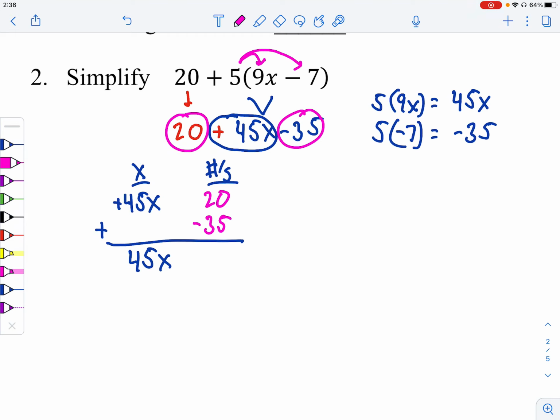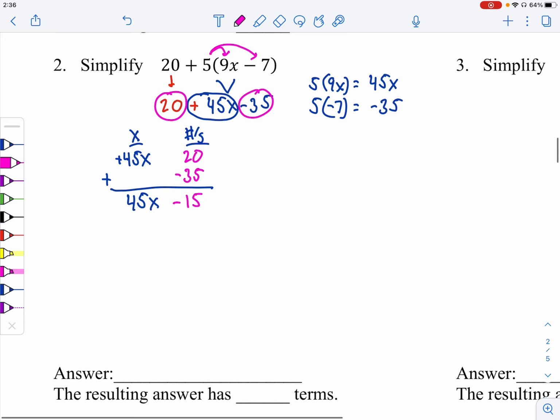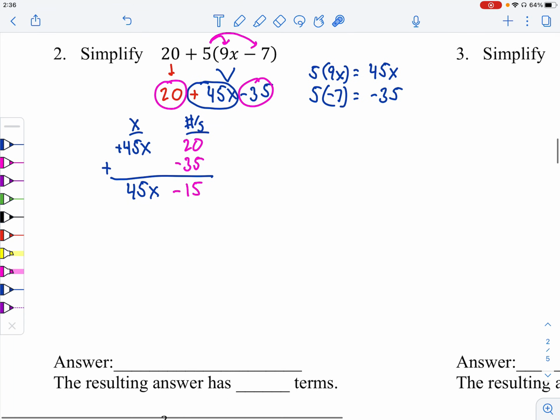We have 15 more negatives, right? So negative 15. And that's our answer right there. 45x minus 15. So the only step we're adding is distribute, right? Just distribute first and then combine like terms. Free the x, right? Distribute. So we got 45x minus 15. And our resulting answer has how many terms? 1, 2. 2 terms.